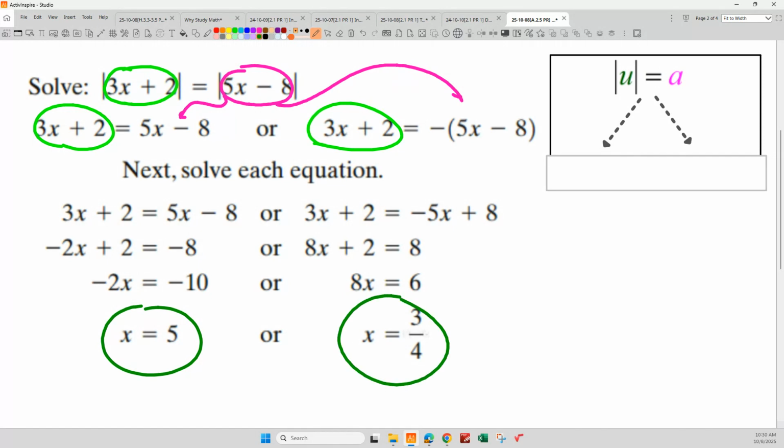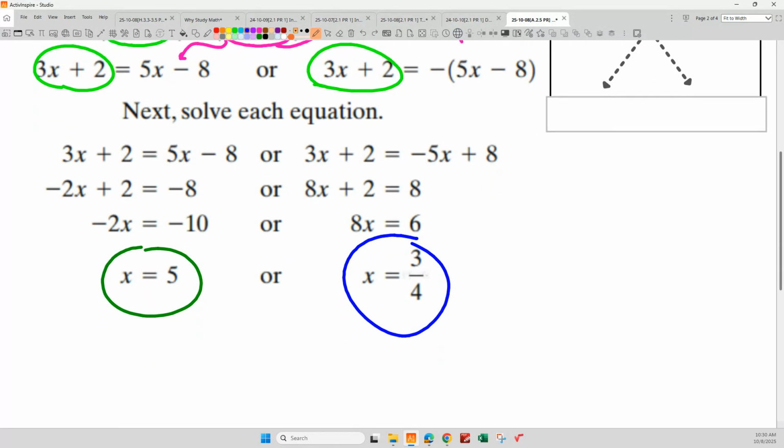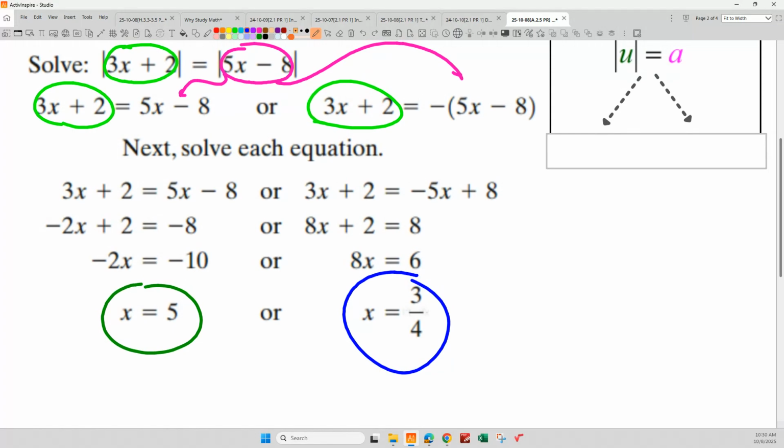Let's just show that those work real quick. Here, I'll tell you what, let's make that one blue. Let's just show that those work. Here's my original equation. Let's use technology to do it. How about that? Yeah, let's use technology.